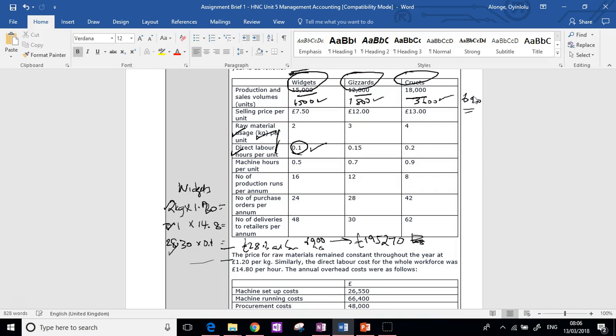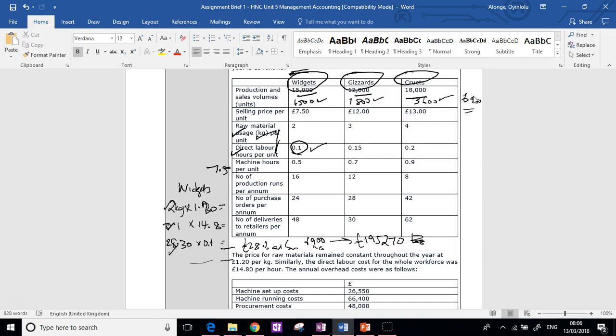You can see why I want to have the full cost, because if I'm going to be pricing a product, I want to make sure I include everything. It tells you your selling price is £7.50. So now you can subtract this total from the £7.50, and you'll get your profit on the unit.